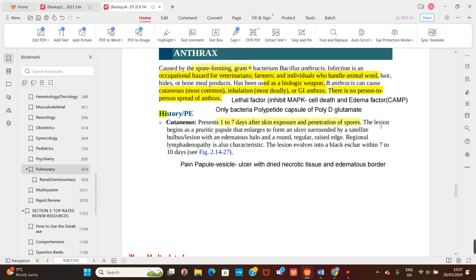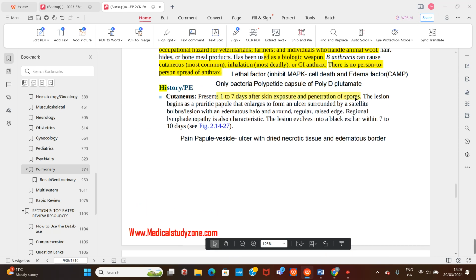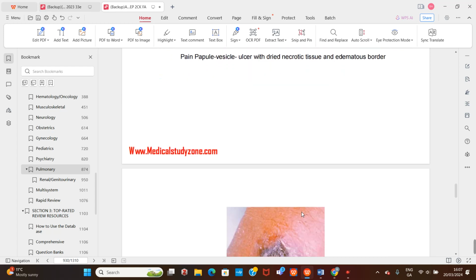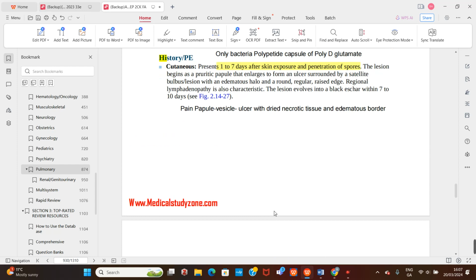All of them work together to increase cAMP, which causes water accumulation, explaining the edema you see at the border. While the lethal factor inactivates the mitogen-activated protein kinase, leading to cell death and the eventual necrosis. So both of them work together, explaining the pathophysiologic presentation of what we see.